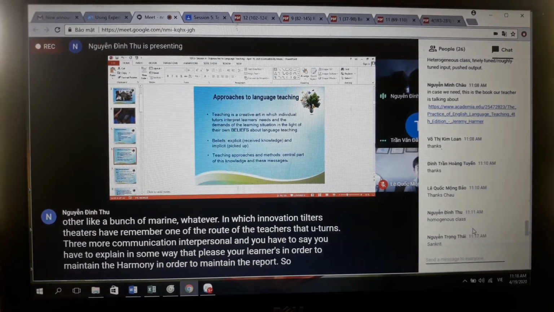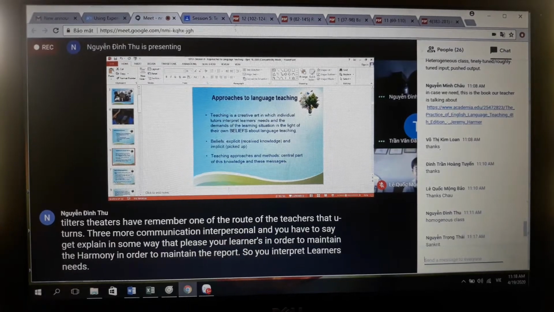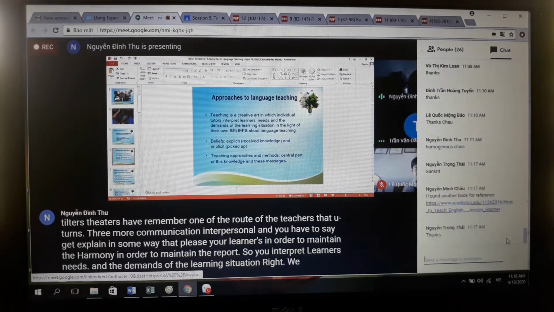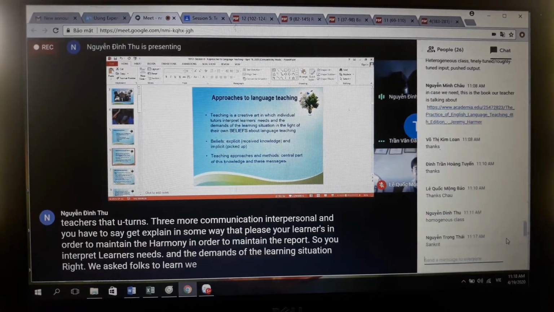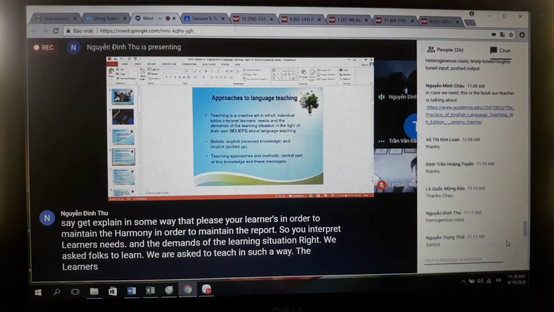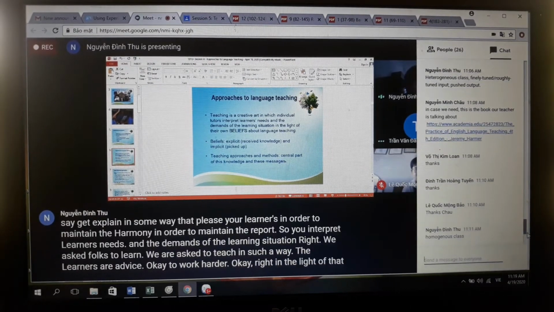So you interpret learners' needs and the demands of the learning situation, right? We are forced to learn. We are asked to teach in such a way. The learners are advised to work hard, in the light of their own beliefs about language teaching.